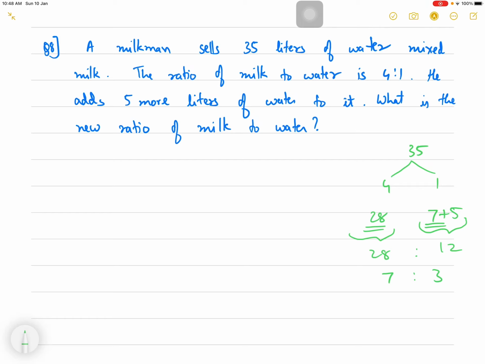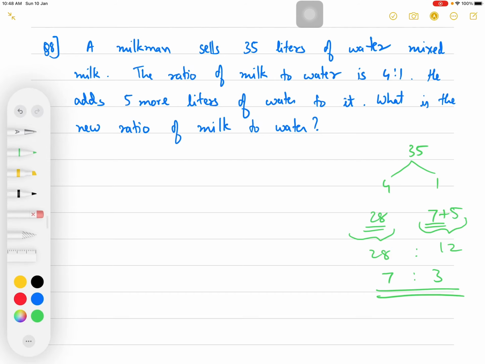And 4 threes are 12. So now this is in the ratio of 7:3. So the new ratio is 7:3.